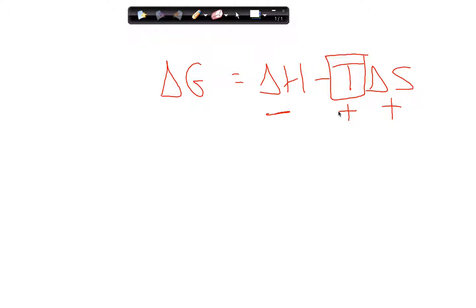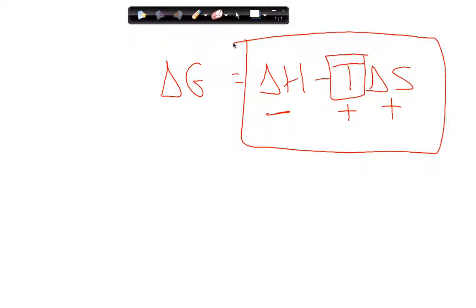So guys, if this is negative and this is positive and this is positive, what kind of values will this always generate? Negative, because you've got a negative number minus, multiplying two positives together is positive, so you've got a negative minus another number. That will always generate negative numbers.